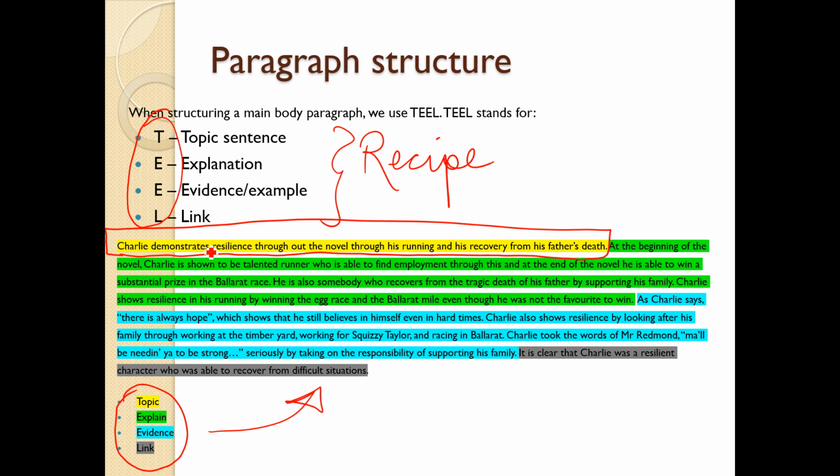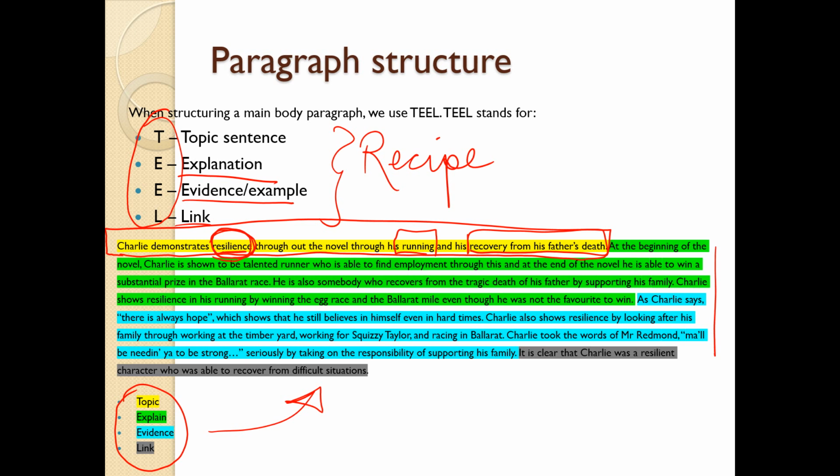I get the feeling by reading this that it is going to be talking about Charlie's resilience. So I am anticipating that the rest of this paragraph, the explanation, the evidence, examples, and the linking sentence, are all related to the topic sentence.